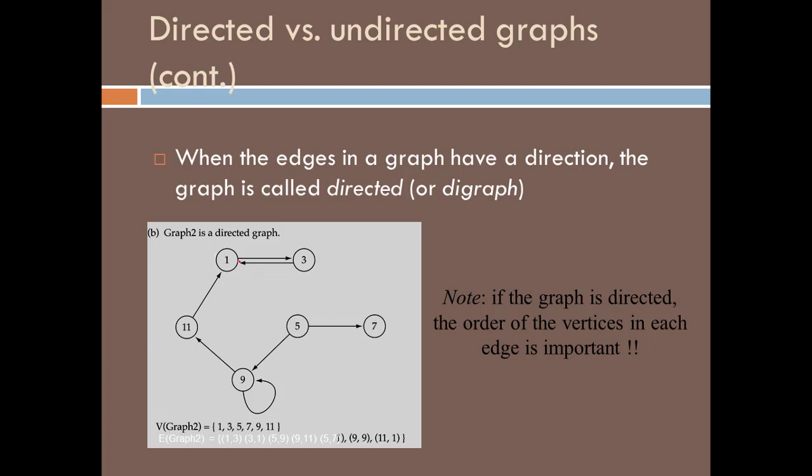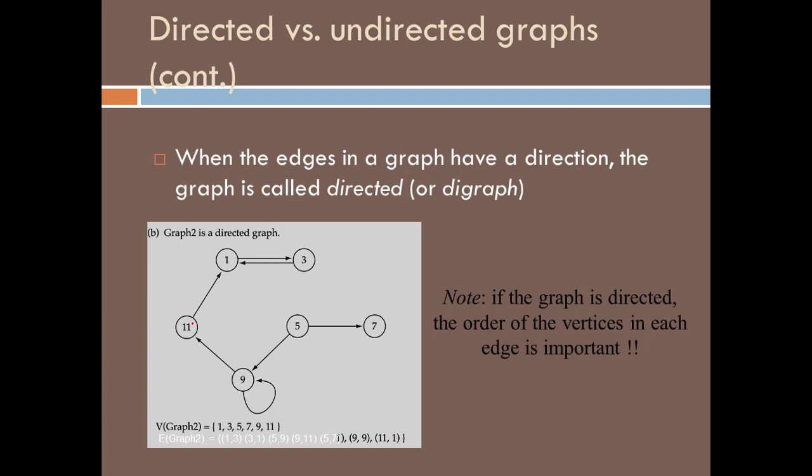For example, if we analyze node 1, we have an outgoing edge to 3, and again we have an edge from 3 to 1. It means in this case the edges tuple will be 1 comma 3 and 3 comma 1.